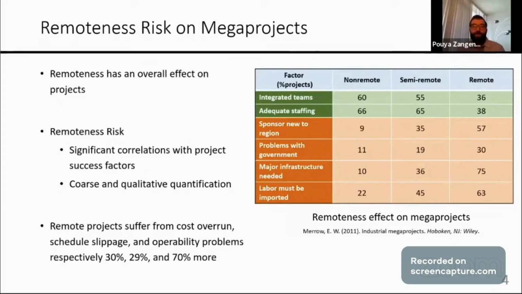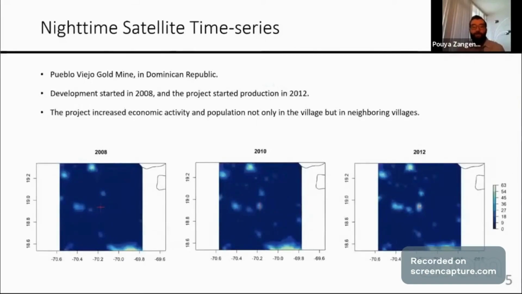So this kind of led us to think that perhaps there could be a better way of continuously and automatically categorizing these projects. And we looked into nighttime lights quite extensively. At Hatch, we did a project in Pueblo Viejo in the Dominican Republic from 2008, which I'm not sure if you guys can see, the red cross.